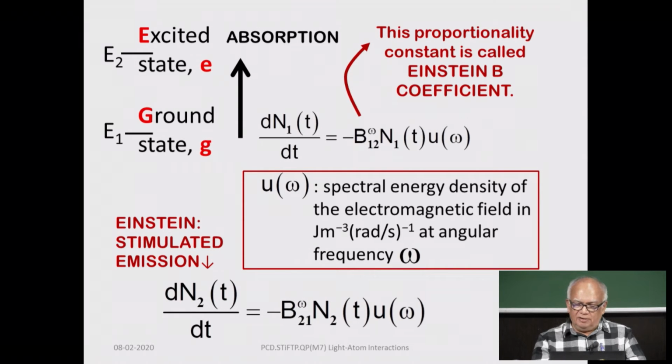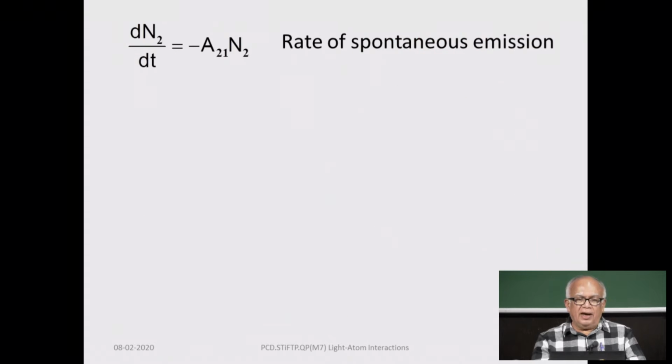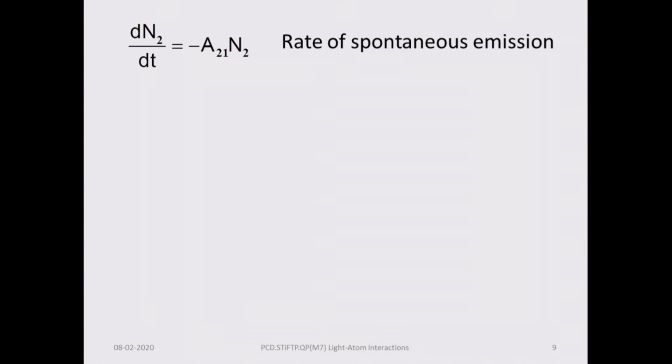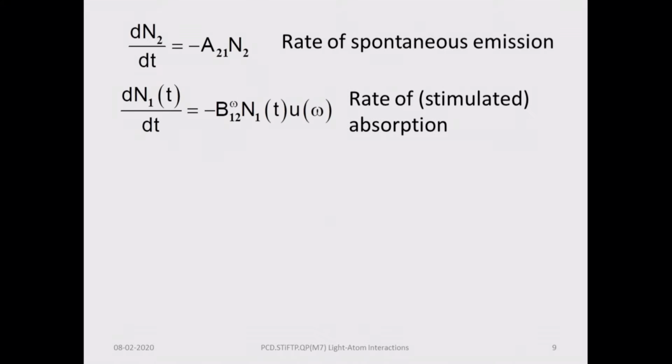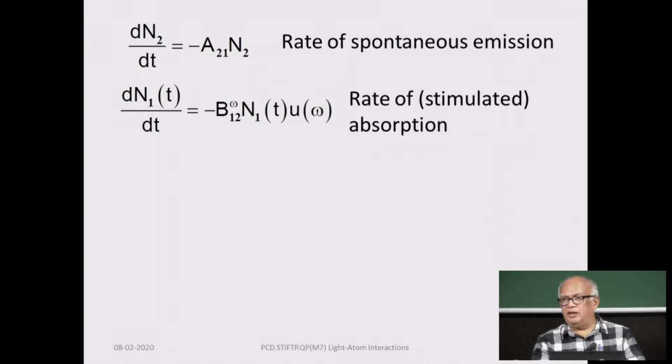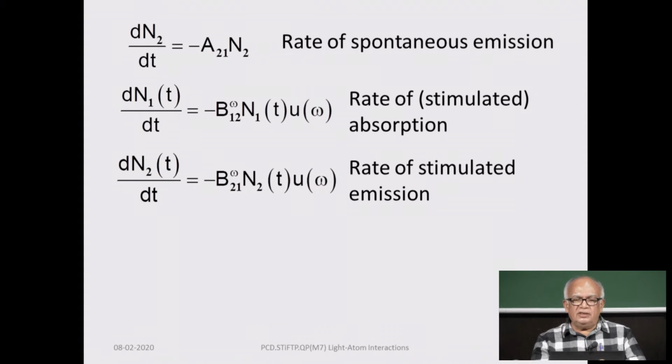So, this is the rate equation that you get, and now you have these three rate equations: one for the spontaneous emission, another for the stimulated absorption. Absorption is always only stimulated, okay, there can be no spontaneous absorption, and the third is the rate of stimulated emission.